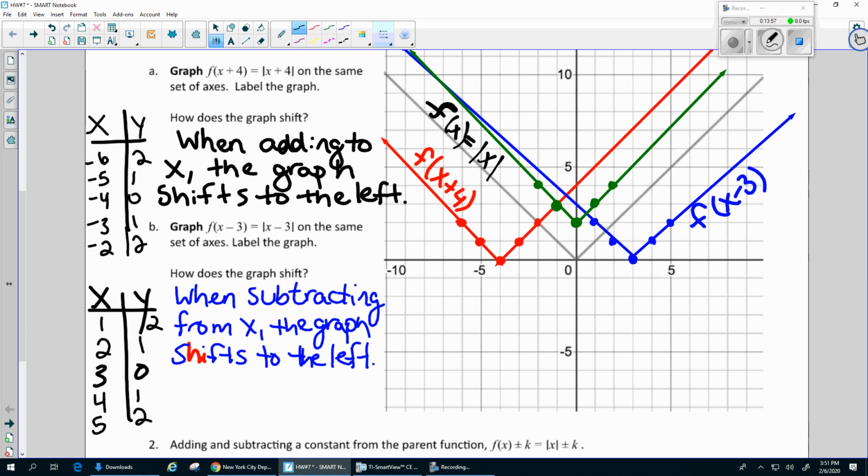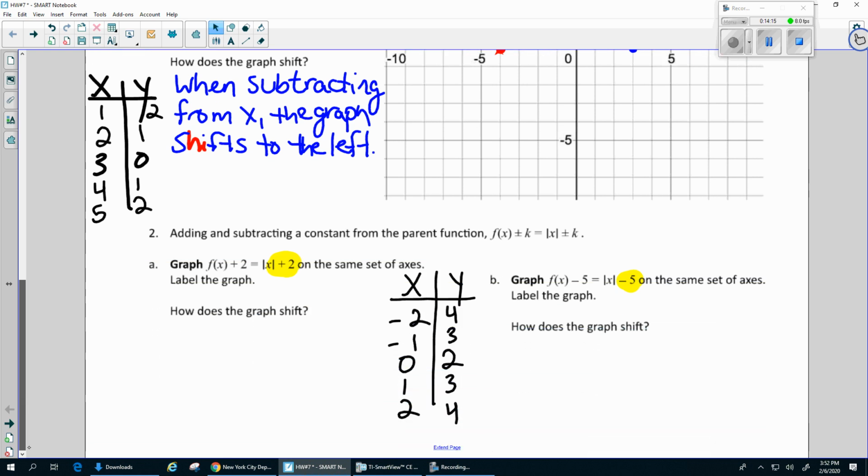And let's label it f of x plus 2. So how does this graph shift?